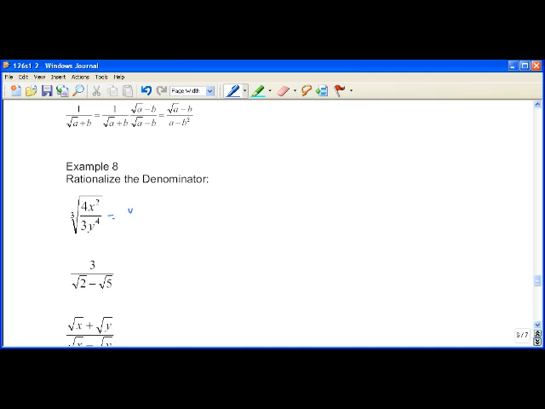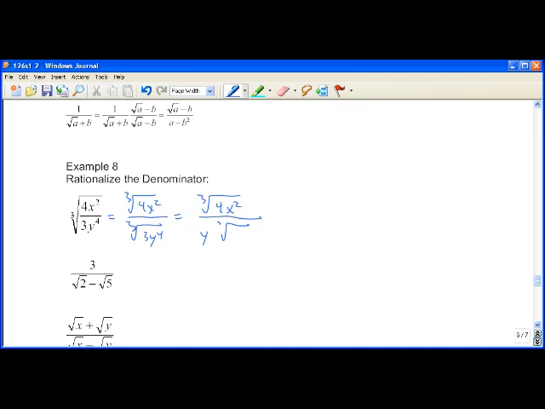Okay, it says to take that and make it a cube root of 4x squared. Can't do anything with that numerator. The cube root of 3y to the 4th. Now, we can do stuff with this denominator. We, in fact, have to do stuff with the denominator because we cannot leave a radical in the denominator. 3 is going to stay, but y to the 4th, that'll bring a y out.